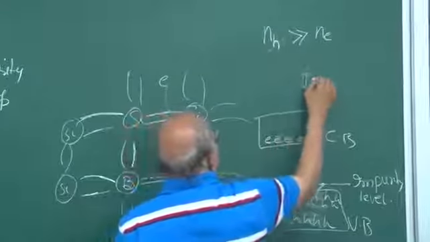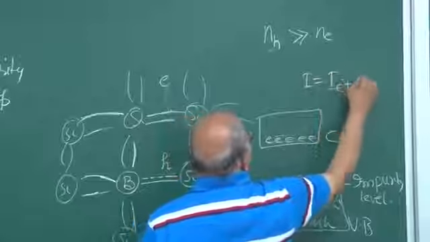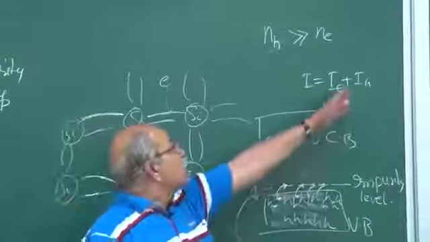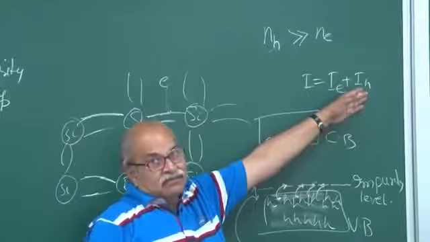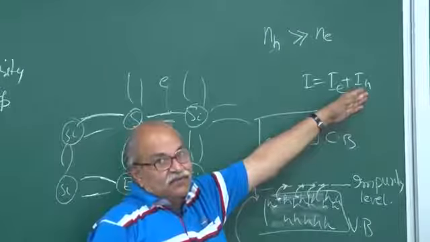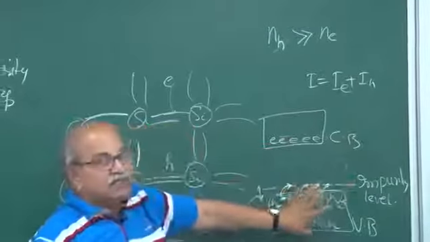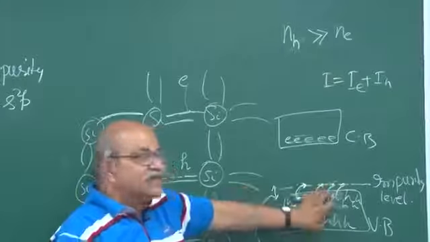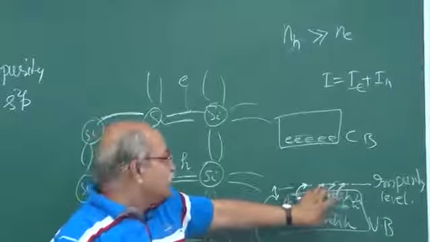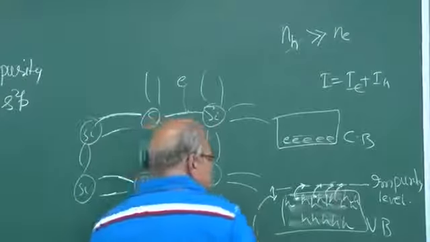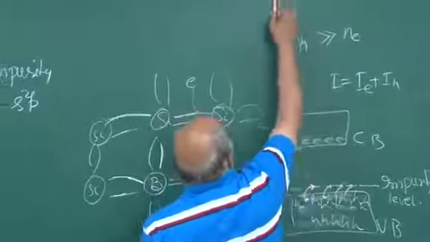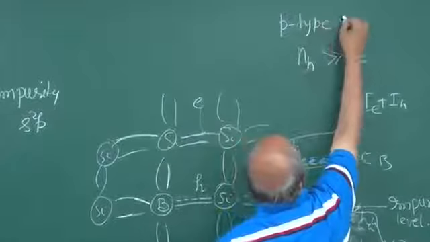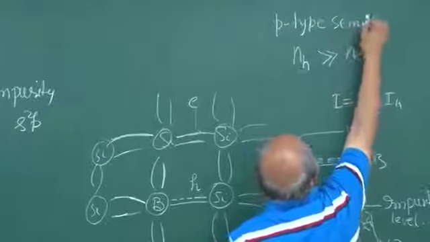So in the current, I equals IE plus IH, most of the contribution comes from holes because the number of holes is much larger, and if you talk in terms of holes, they are like positive charge carriers, and therefore these types of semiconductors are known as p-type semiconductors, positive type.